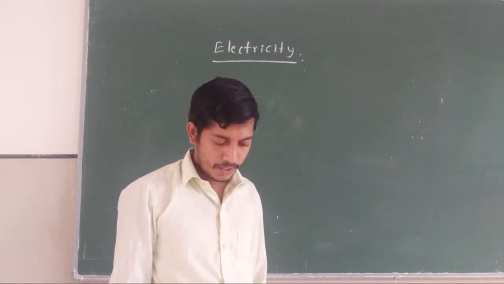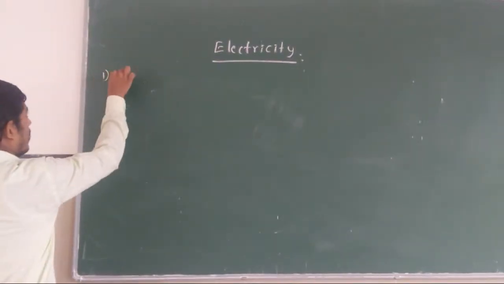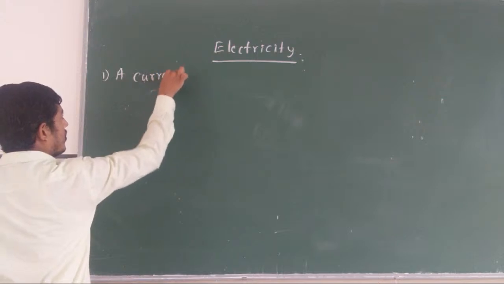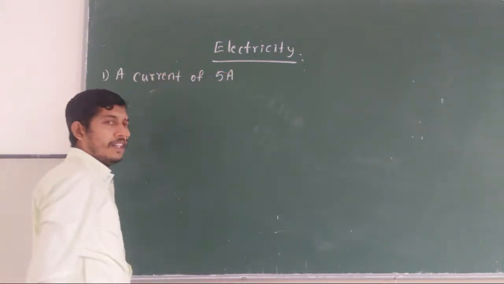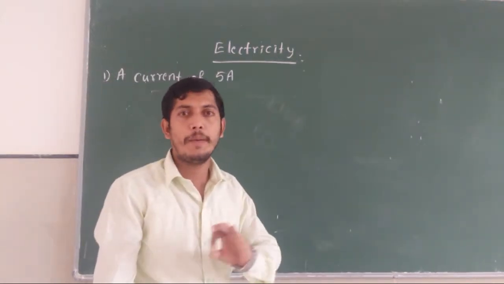So a current of 0.5 ampere. Here, if you want to write in words, then you use ampere.